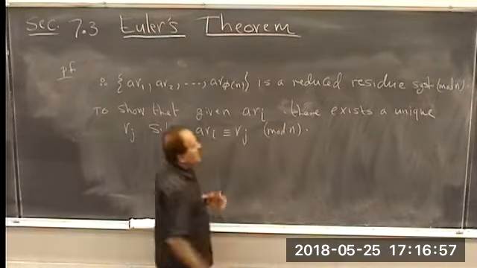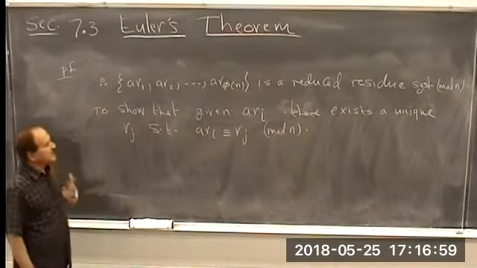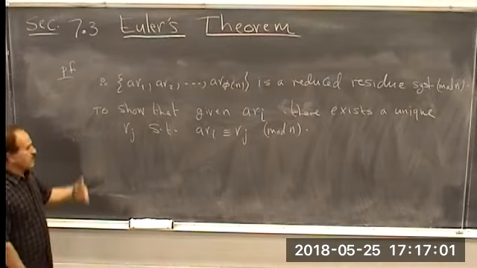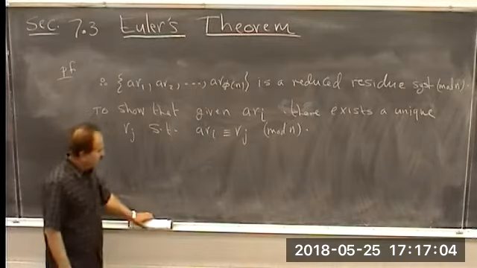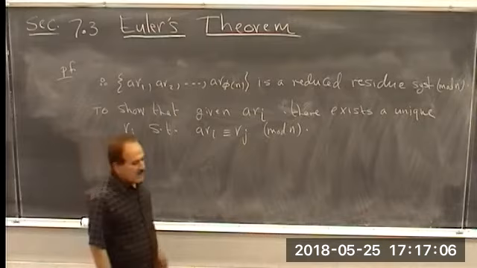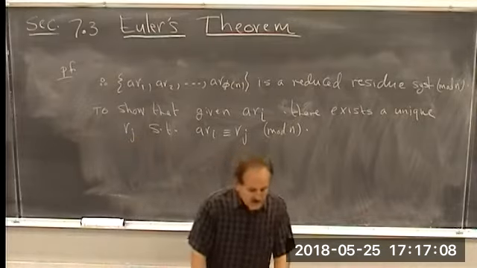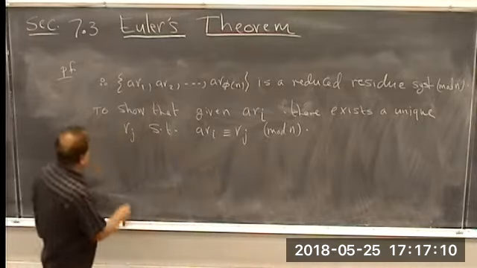So in other words, they are congruent to each other in some order. So for a Ri, there's an Rj that is congruent. And to do this, we're going to apply the division algorithm.